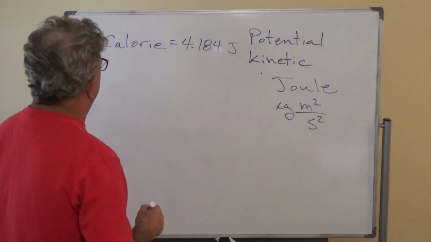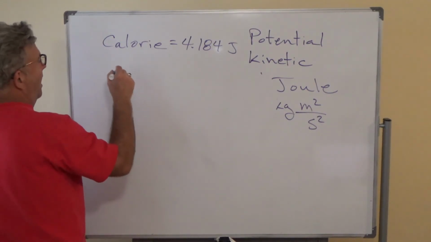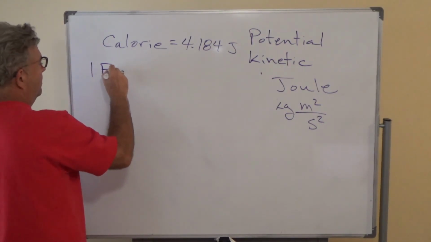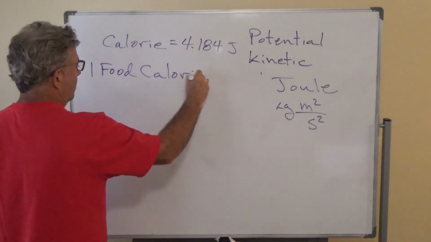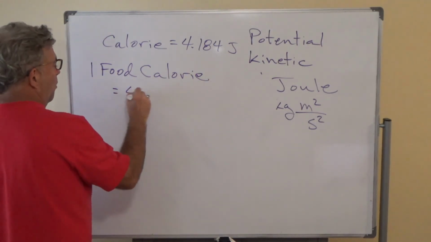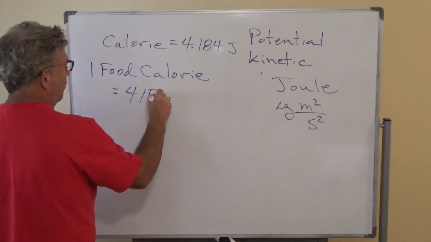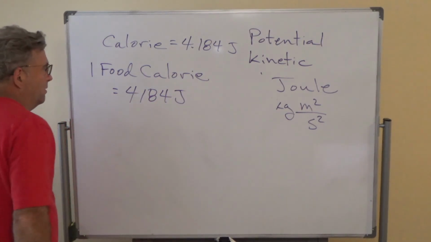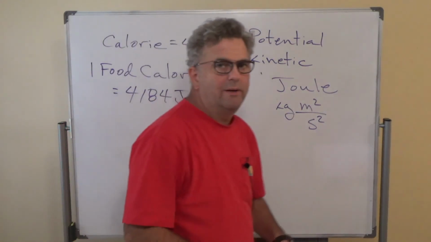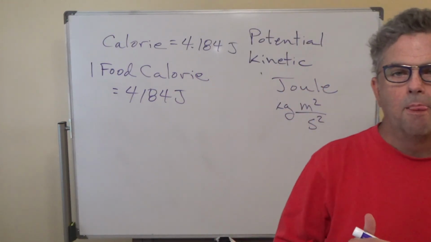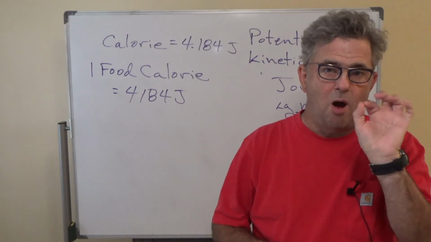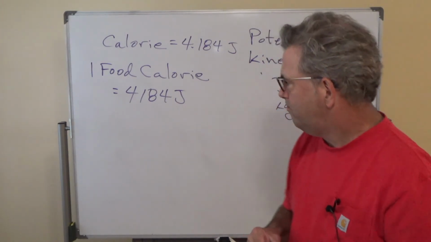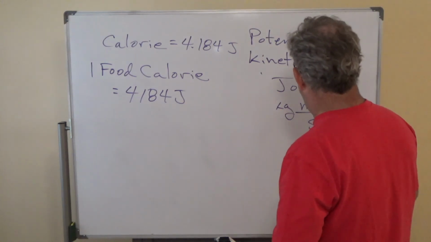So one food calorie, I'll call it, this is terrible, is equal to 4,184 joules, okay? It's a kilocalorie, right? So anyway, a joule is a little small amount of energy.